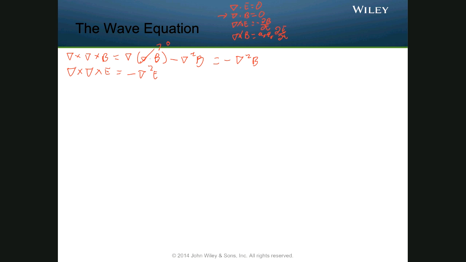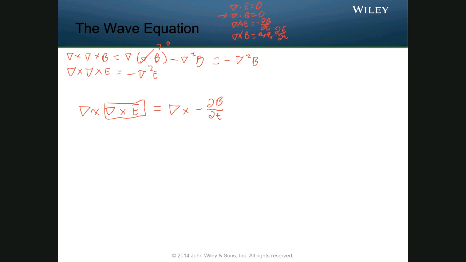Now, we also want to take a look at del cross del cross E. But if we look at this part here, we can use our Maxwell free space equations, and we can say that this is equal to del cross minus dB/dt.